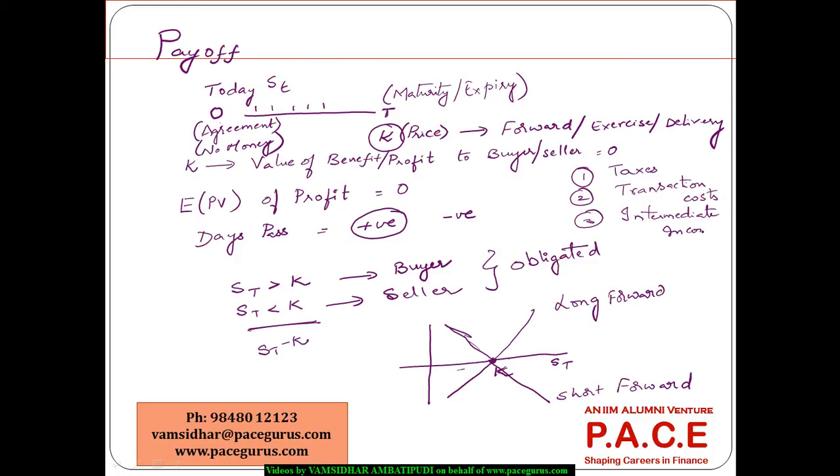If that asset is going to pay some kind of dividend between now and T, we have ignored that aspect. After ignoring all these things, whatever position is coming out is reflecting these kinds of numbers.